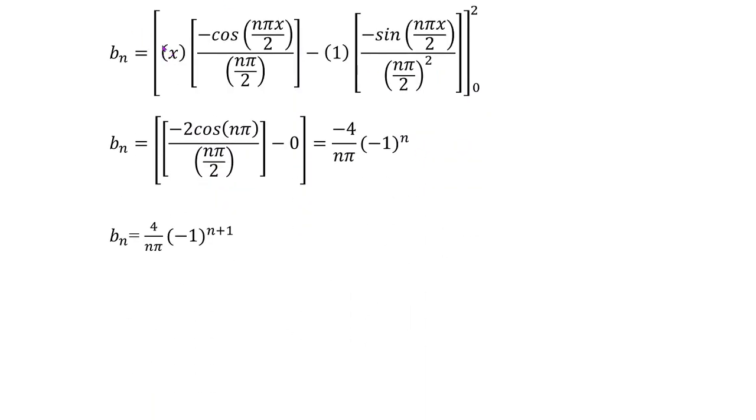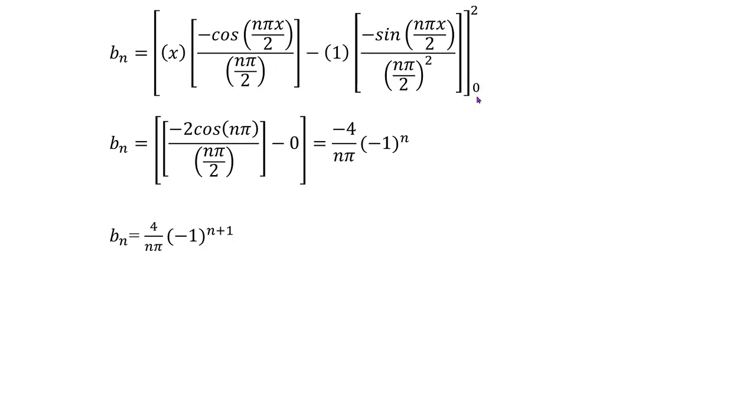According to the Bernoulli formula, the first function is x, the integration of sine is minus cos n pi x by 2, then the derivative of this is to be written in the denominator, so n pi by 2. Then minus the derivative of the previous first term, that is 1, and again the integration of this, so minus as it is, integration of cosine is sine n pi x by 2, and then n pi by 2, already n pi by 2 is there in the previous term, so it becomes square, over the limit 0 to 2.